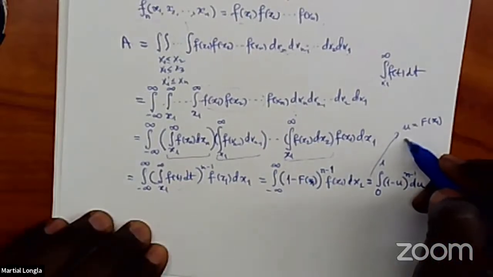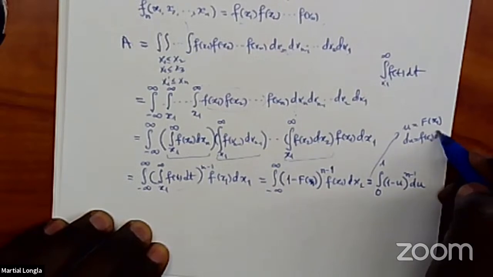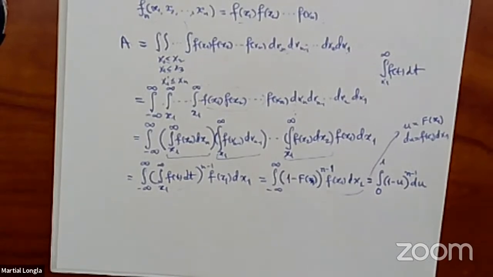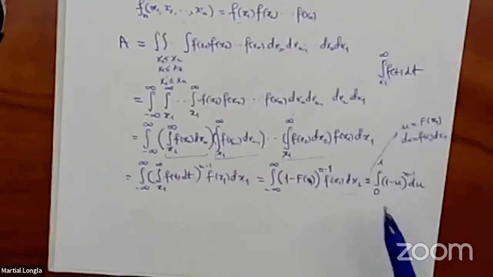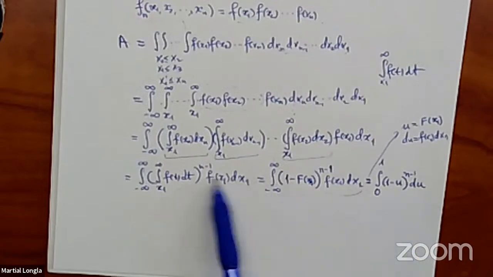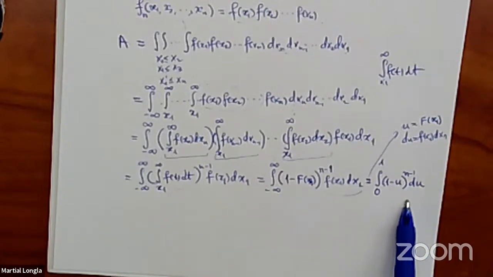When you do that, du is little f of x1 dx1. That's u substitution. Get that? So you can see that no matter what the distribution is, if it's continuous, you can compute this integral without knowing what that distribution is, just by doing that u substitution.